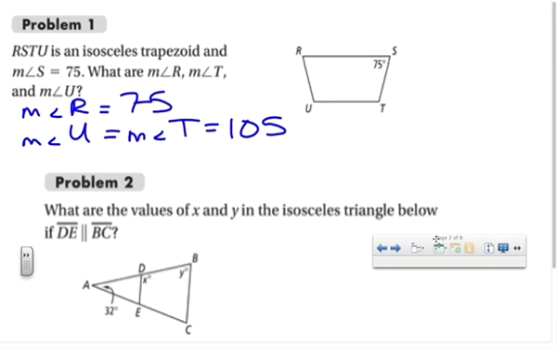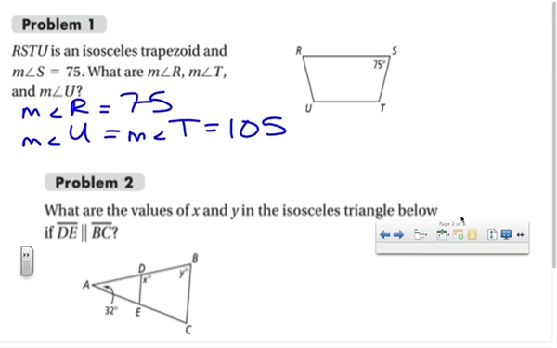Remember that in an isosceles triangle, there's not just 2 sides that are congruent. There's 2 angles that are congruent. And of course, I've said it many, many times, what do you know about the 3 angles of a triangle that is tattooed on your soul? They add up to 180.